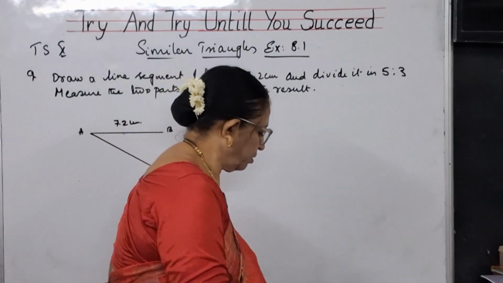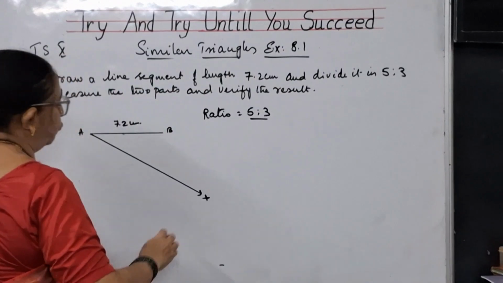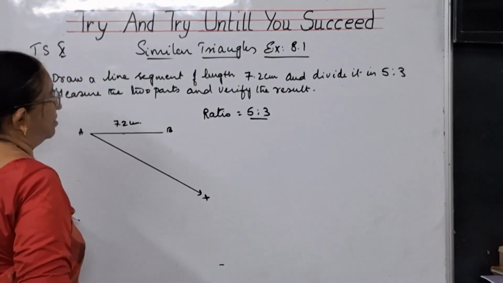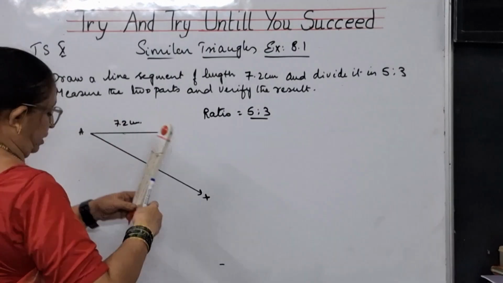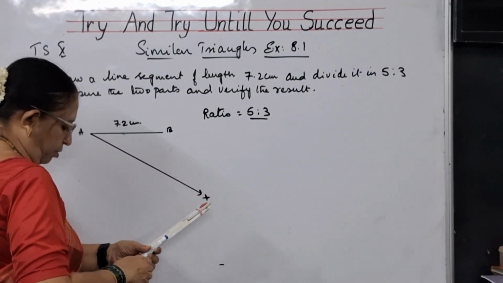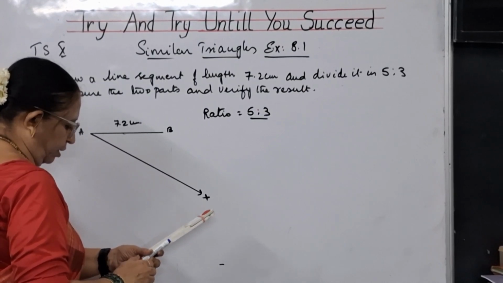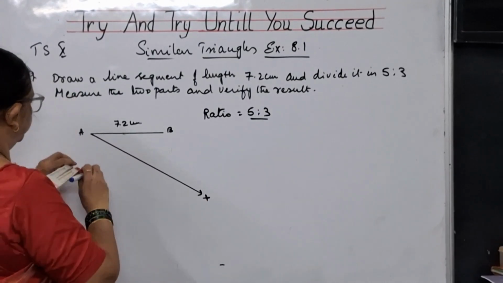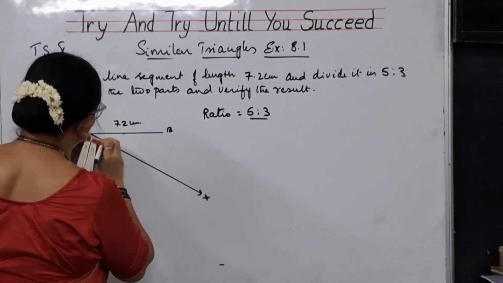After drawing this acute angle, what you need to do is 5 plus 3, 8. With A as a center and some radius, you have to locate the points in such a way that they are equidistant.